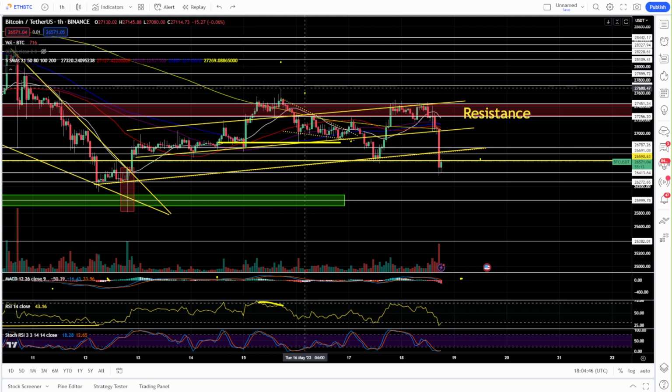The whole idea here in this group and in this market is longevity. If you don't quit, you will win, because Bitcoin is designed to go parabolic, period.